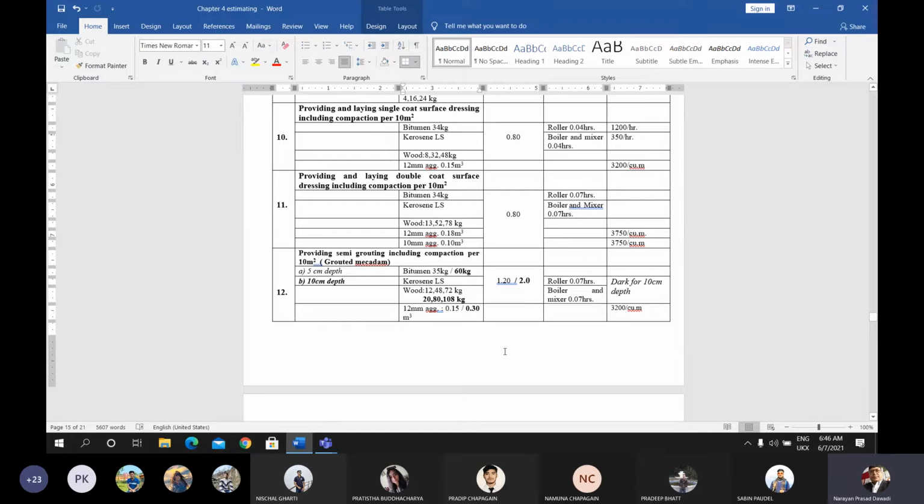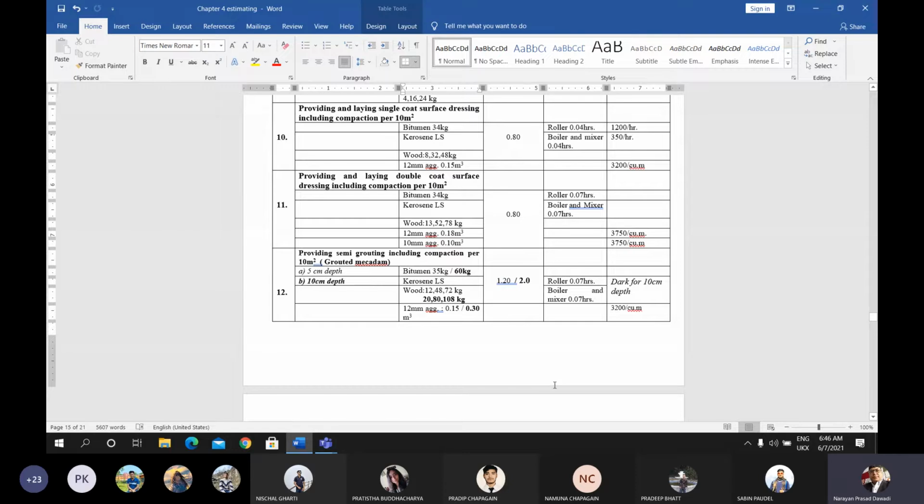Now, for the 5 centimeter depth and 10 centimeter depth, I have provided them in the same line: bitumen 35 kg for 5 centimeter depth and bitumen 60 kg for 10 centimeter depth. Bold letters are provided for the 10 centimeter depth, and the faint letters are provided for the 5 centimeter depth.